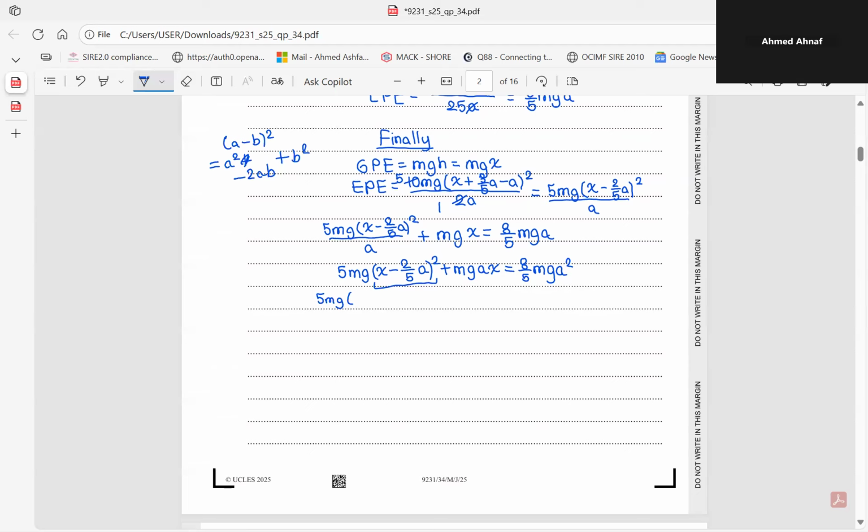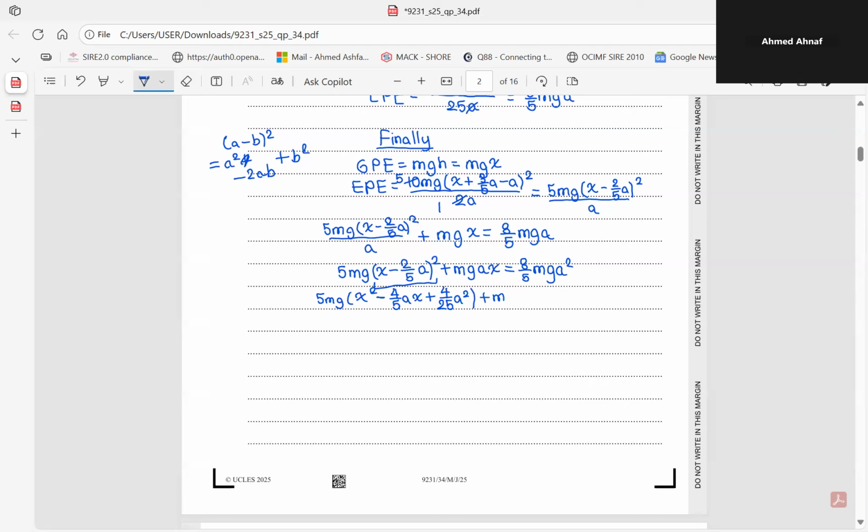So a squared is just x squared, minus 2ab, that's minus 2 times x times 2 over 5a. So you get 4 over 5ax, plus (minus 2 over 5a) whole thing squared, you would get 4 over 25a squared.